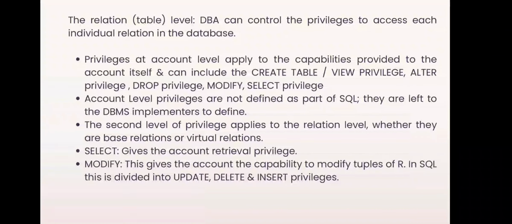Account level privileges are not defined as part of SQL; they are left to the DBMS implementers to define. The second level of privilege applies to the relation level, based on relations or virtual relations. Select gives the account the retrieval privilege, and modify gives the account the ability to modify, meaning update, the data in the database. So we have grant and revoke on views and integrity constraints.